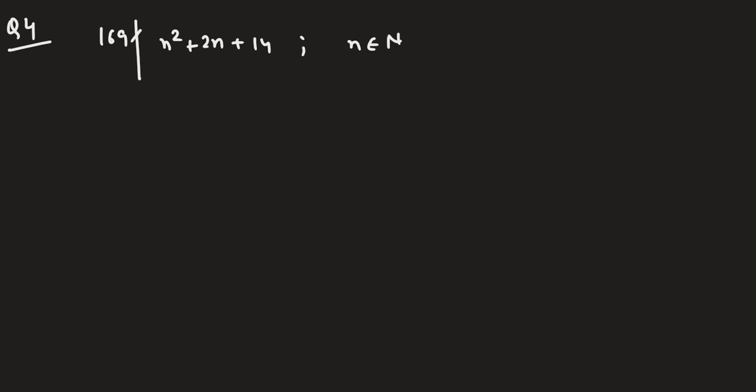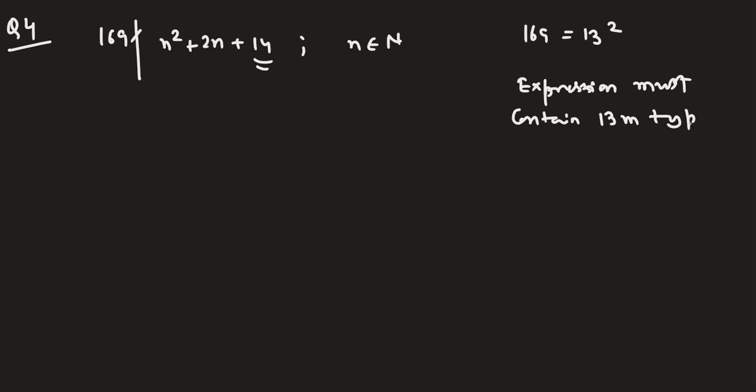Okay now. When you are dealing with this kind of expression, always remember that 169 is the square of 13. So here the constant is 14. So you have to adjust in such a way that your expression must contain 13k or 13m type of constant.